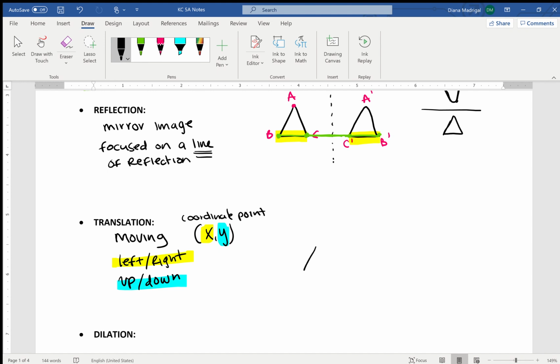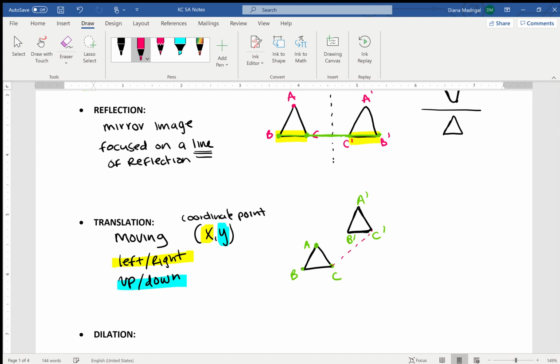Let me give you an example. If I had this triangle, again, I have points here, A, B, C, and my new triangle is over here on the top now. This is A prime, B prime, C prime. Again, you'll notice that the image stays the same. It just moves up, down, left, right. It's always moving.